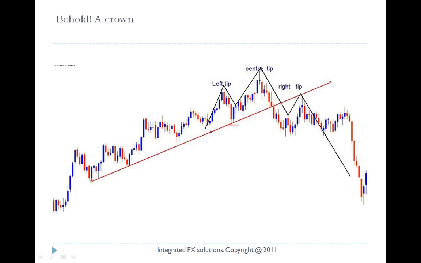Price dipped and a crown is formed, in the same sequence as initially stated in the previous section, but with the trend line as a good visual aid. Price has changed from bullish to bearish.